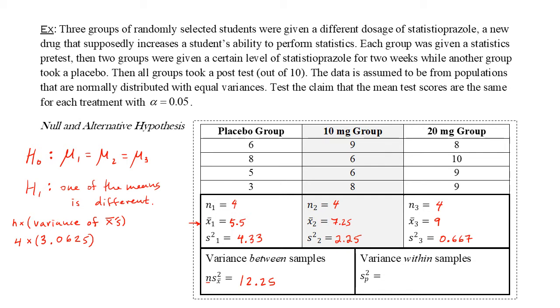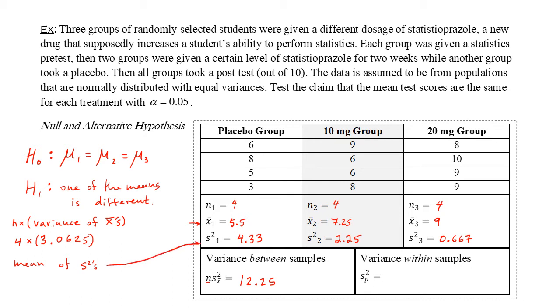For the other part, the variance within the samples, what we're really taking there is the mean of the variances, in other words, the mean of the s-squareds. Here we're taking the variance of the means, here we're taking the mean of the variances.